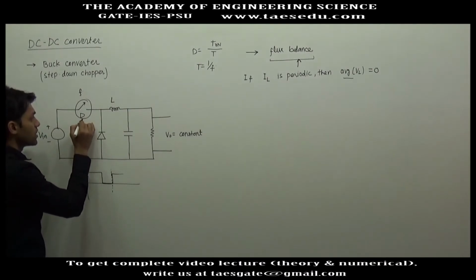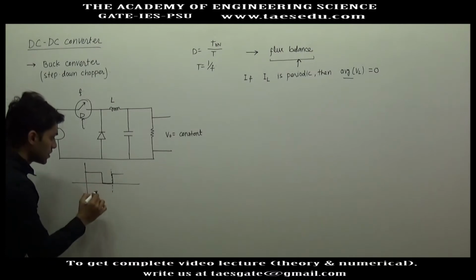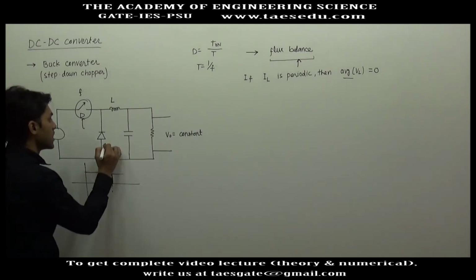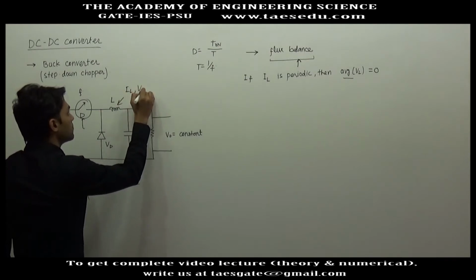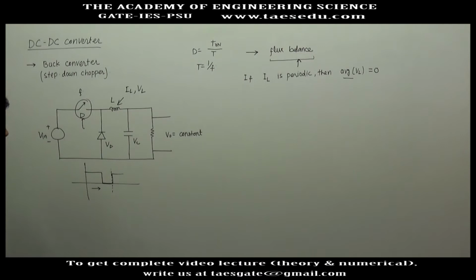If the switching sequence is periodic, everything in this circuit will be periodic. It means this diode voltage will be periodic, this current IL, VL will be periodic, VC, V0 will be periodic. Everything in the circuit will be periodic.